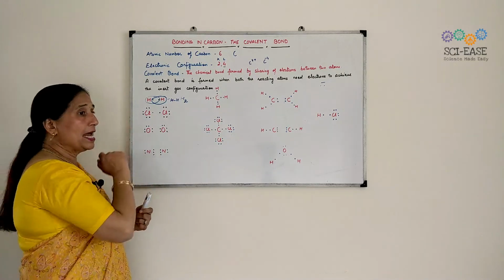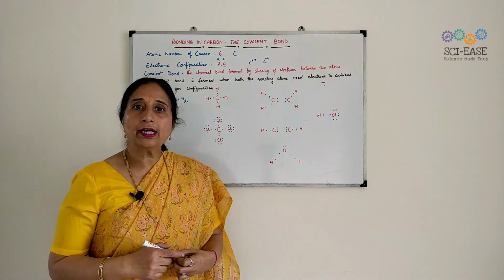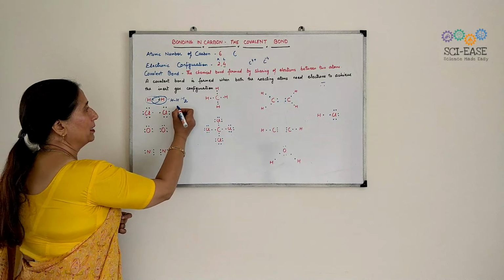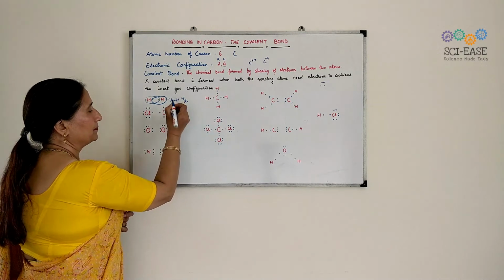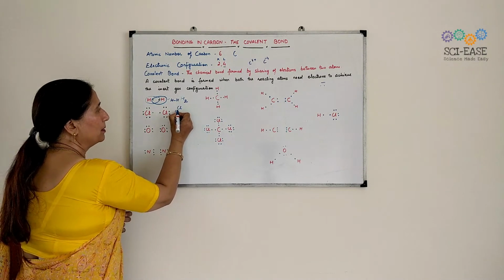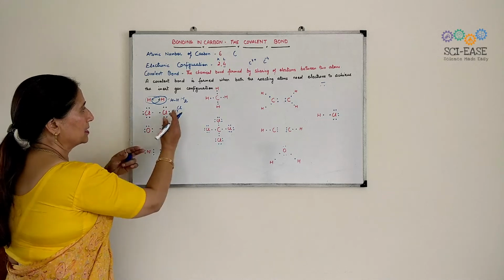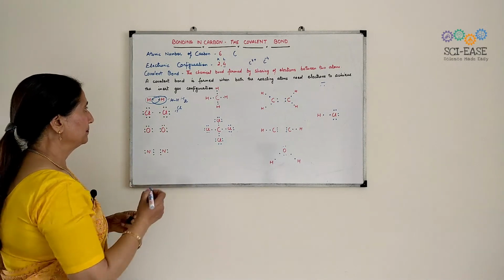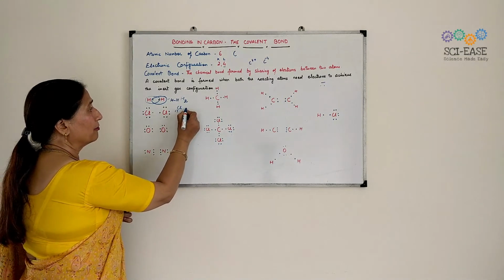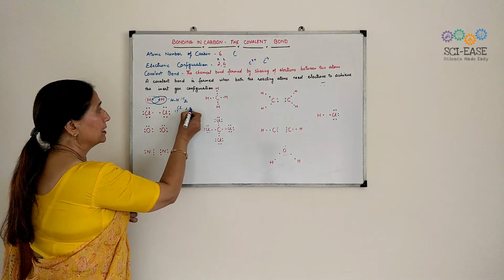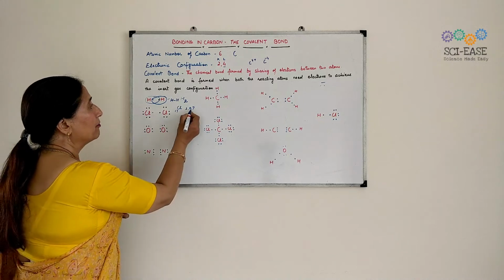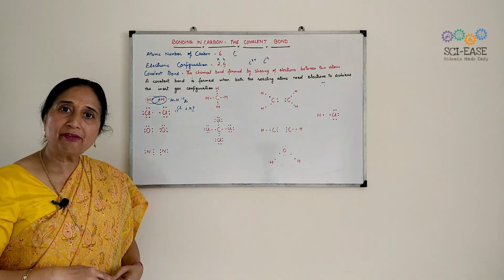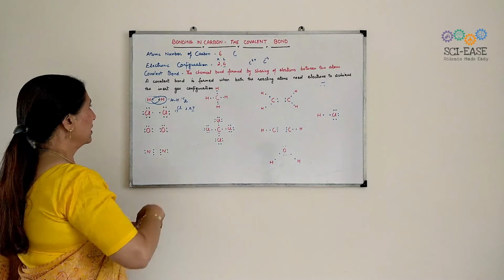One chlorine has electronic configuration 2,8,7, atomic number 17. Chlorine, 17 atomic number we put here, just on the left hand side at the foot of the symbol. Now its electronic configuration is 2,8,7. We will take only the outermost electrons, or you can say valence electrons.